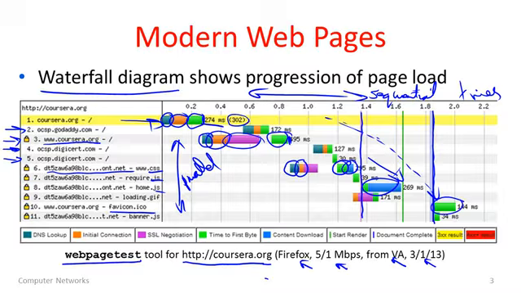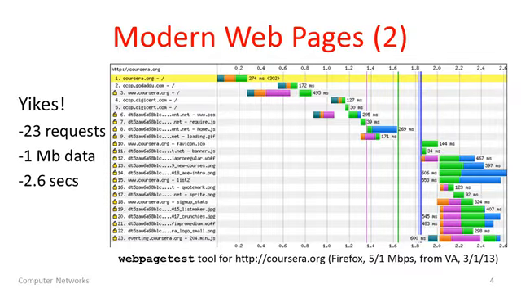So as you can see, a web page load can be quite complicated. In fact, it's a lot more complicated than I've shown you. Here is the full picture for downloading the Coursera page using the same settings that I had before with this web page test tool. So you can see that there's actually a lot of activity here after the document complete.